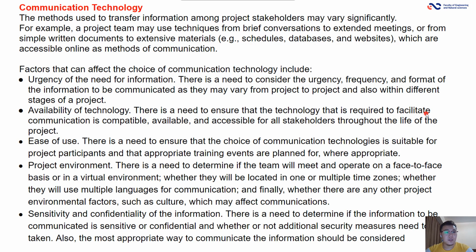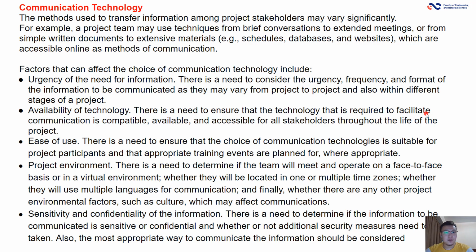Communication technology. The methods used to transfer information among the project stakeholders may vary significantly. For example, a project team may use techniques from a brief conversation to extended meetings, or from simple written documents to extensive materials, which are accessible online as a method of communication.